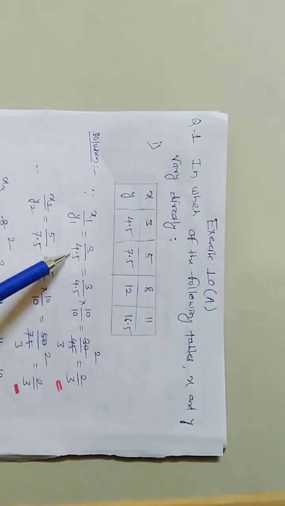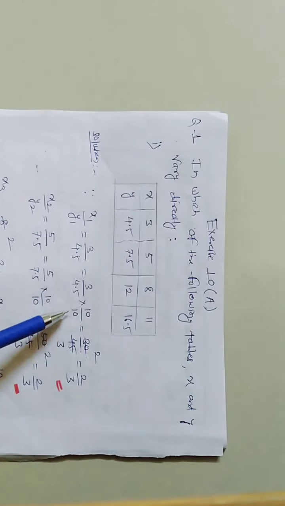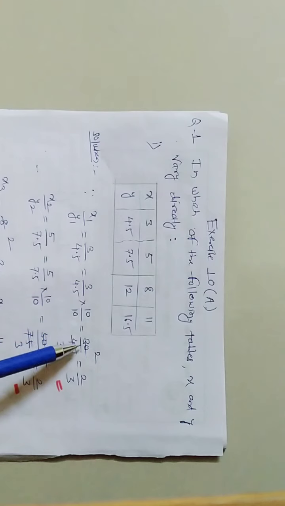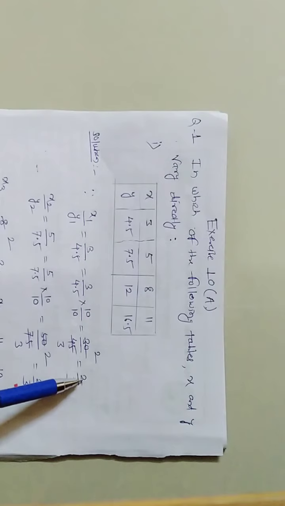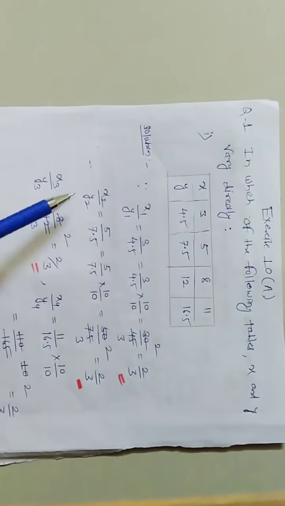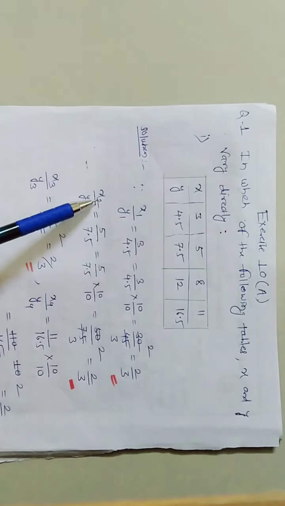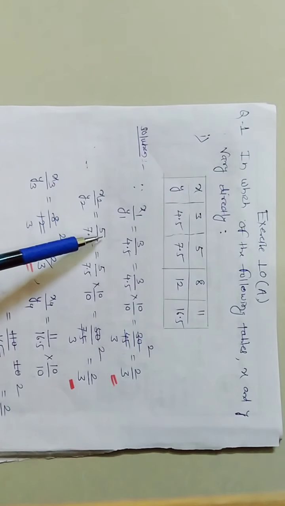We have to remove this decimal point, so multiply numerator and denominator by 10. Which is equal to 30 divided by 45. And 30 and 45 both are in the 15 table. 15 twos are 30, 15 threes are 45. So which is equal to 2 upon 3. Now you can see second, x2 upon y2 is equal to 5 divided by 7.5.